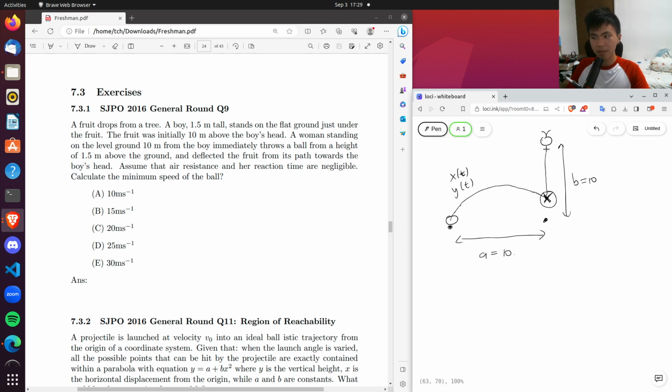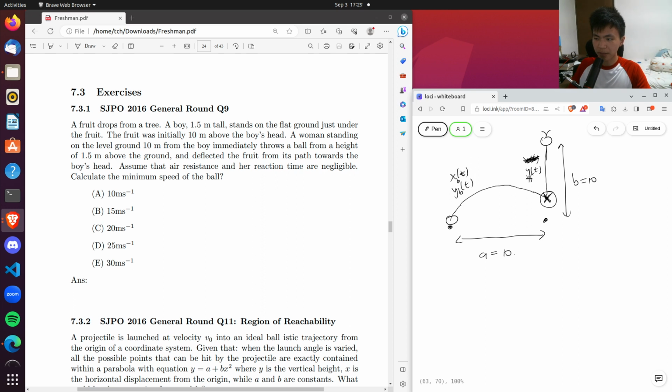Likewise, the fruit that's going to drop down is also labeled by x of t and y of t. Of course, x of t is constant, so we don't really care about that, but its y coordinate does change over time.